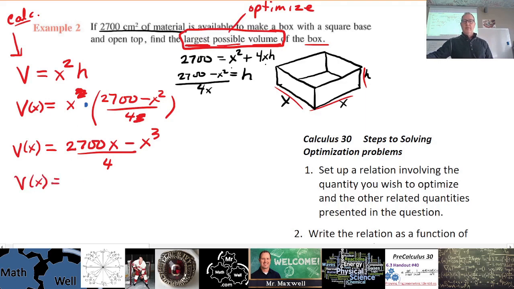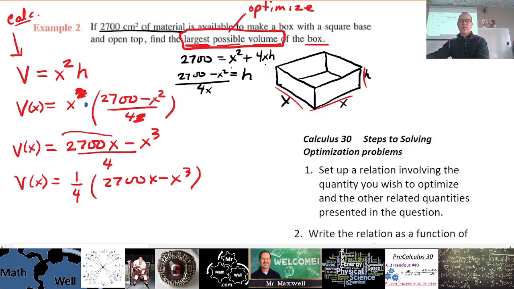So we could do this, 1/4 times 2700x minus x cubed. Now, why might I do that? Well, in your derivative rules, if you have a constant in front, you can just leave that constant out front and then take the derivative of this part right here. So this is like a scalar. It's just like a constant in front.